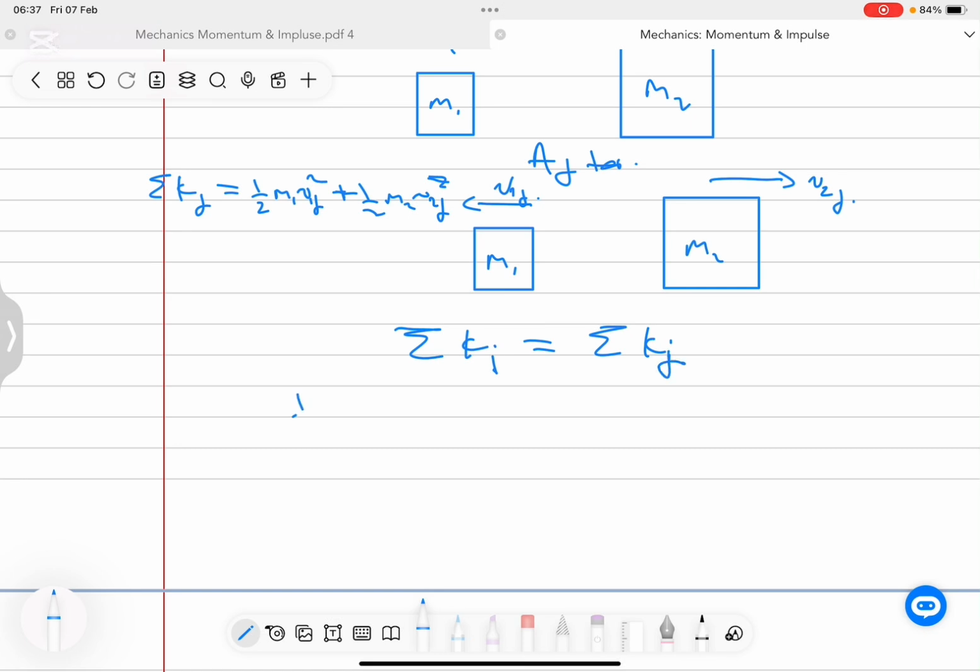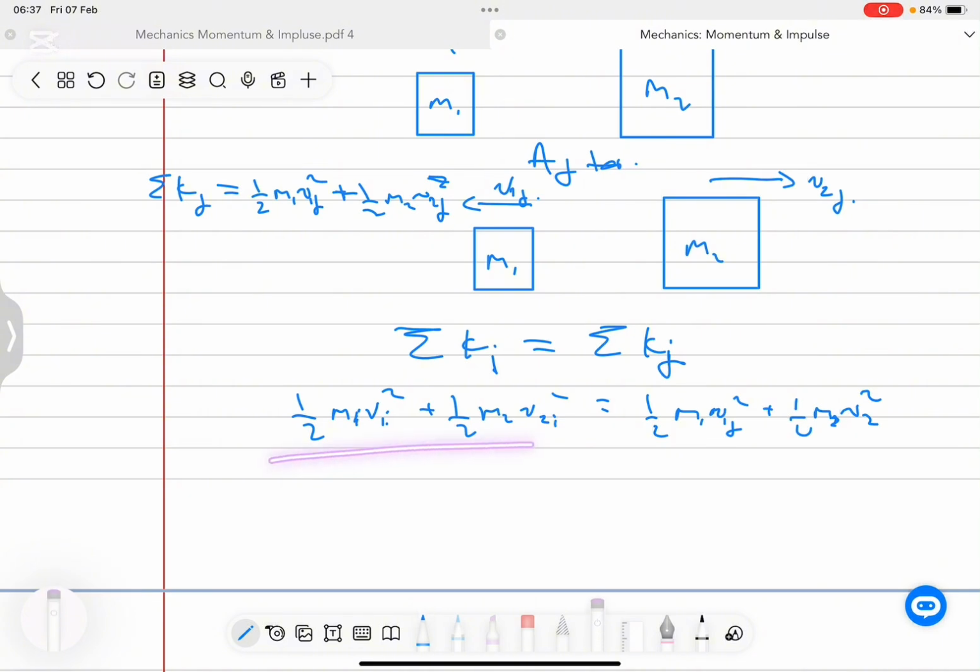And this can be expanded really to half m1 v1 initial squared plus half m2 v2 initial squared, which equals 1 over 2 m1 v1 final squared plus 1 over 2 m2 v2 final squared.